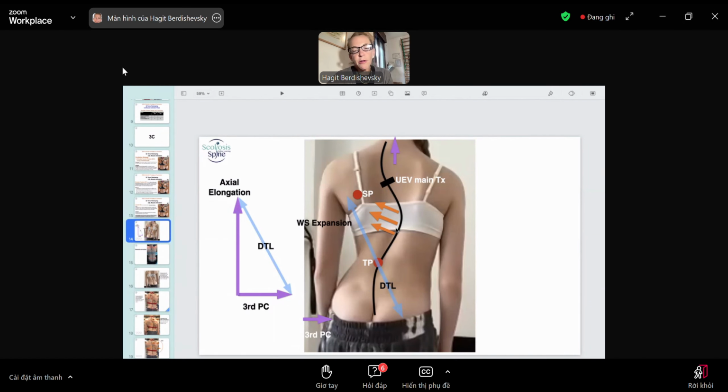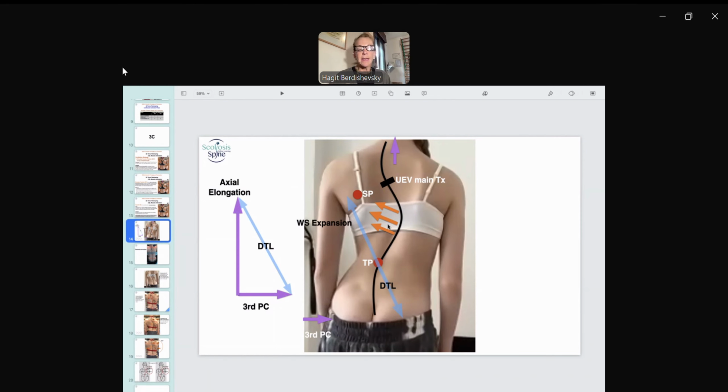And all the thoracic is basically being called to open and expand itself on this diagonal traction line. It's a very particular line for a 3C type curve only. It's a line that can happen because of the overcorrection of the pelvis from left to right, sorry, and correction of the trunk from the right to the left.